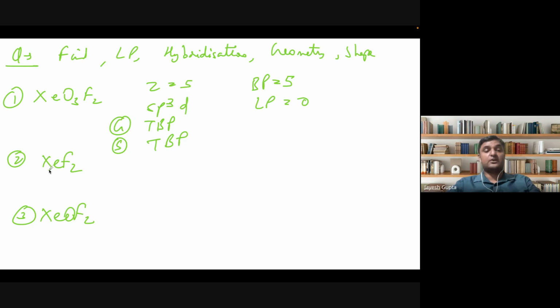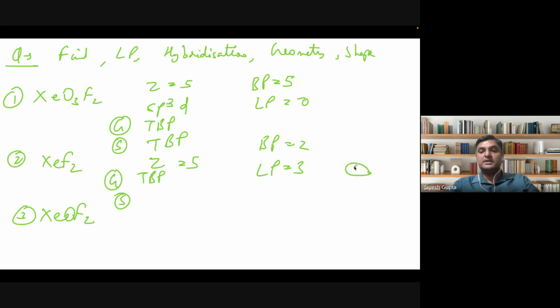Nobody bonded with those 6 electrons. That's why lone pairs will be 3 here, bond pairs will be 2, and Z will become 5. So geometry will be TBP here. But if I talk about shape, with 3 lone pairs, I have already told you the lone pairs go in equatorial positions. So it goes like this, and the other 2 you have like this. So shape is linear.